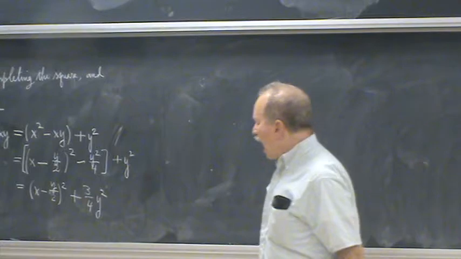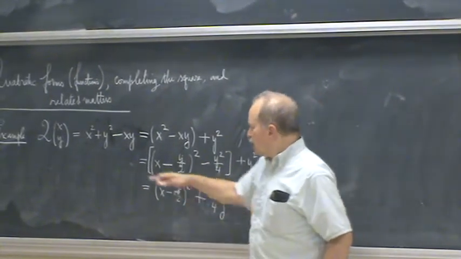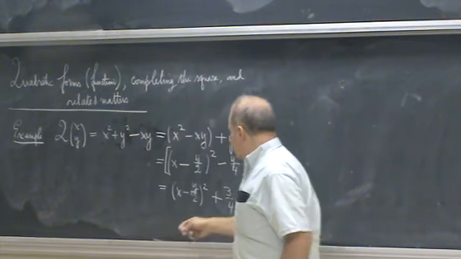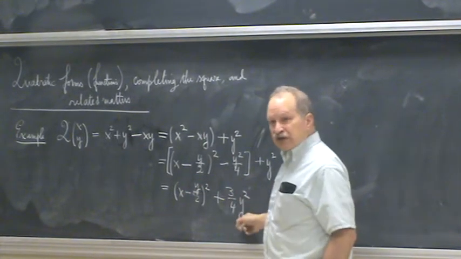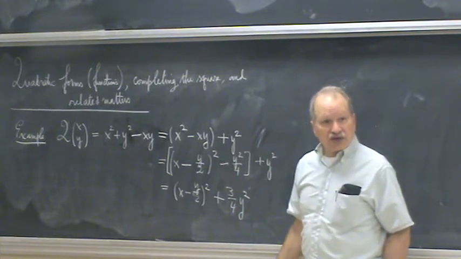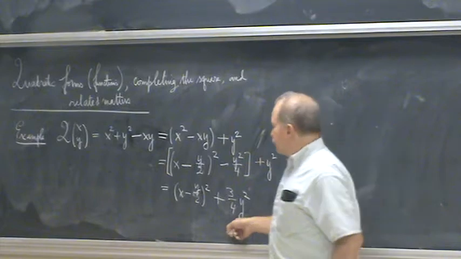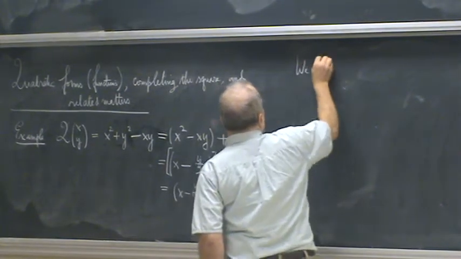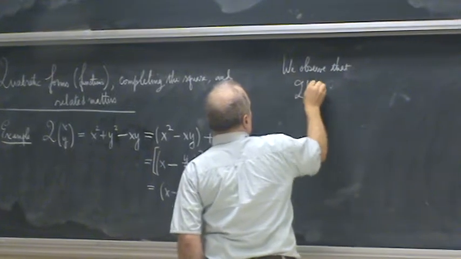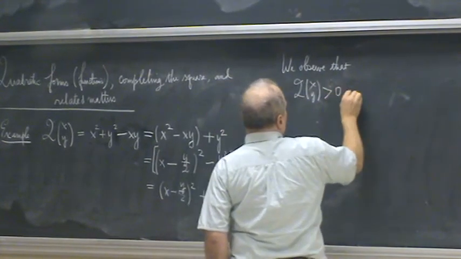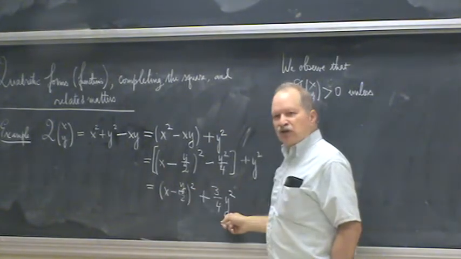But what you have established, without even trying to identify graphically what this is, is that this quantity, unless this is 0 and this is 0, is always going to be positive, because it's a sum of squares with positive coefficients. So we observe that q of xy is positive unless both these terms are 0.